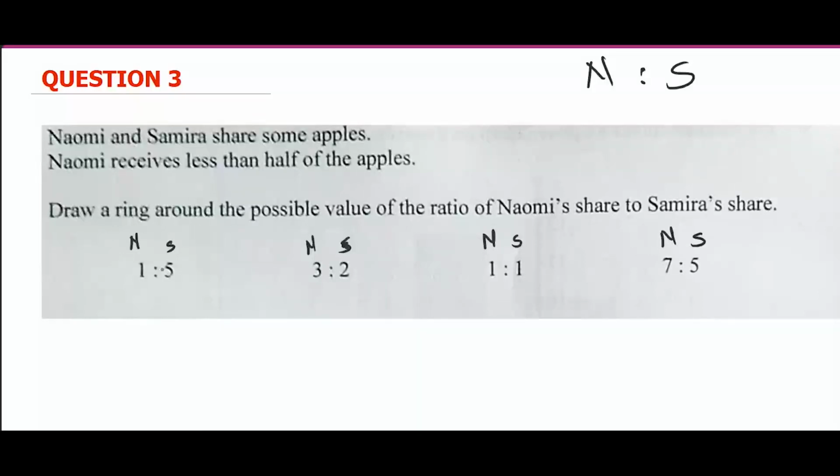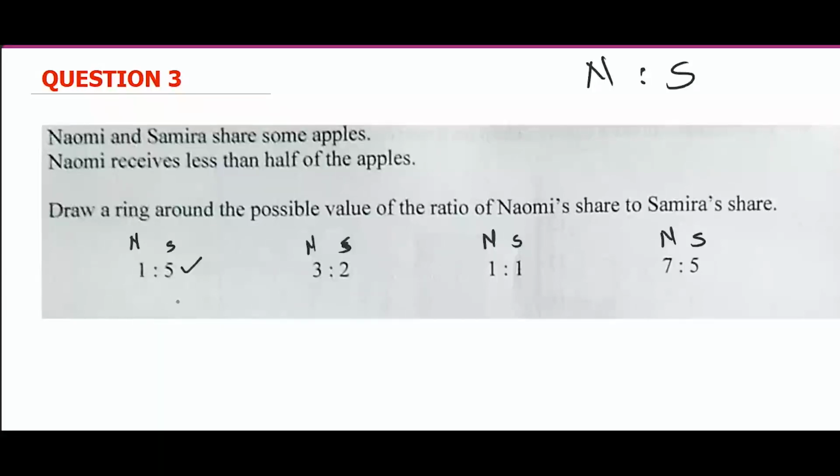If you look at the first one here, yes, Naomi is less than half of this. So this one meets the condition given. Half of Samira's share is 5 here, while Naomi is 1.